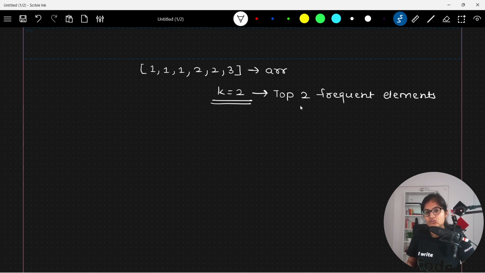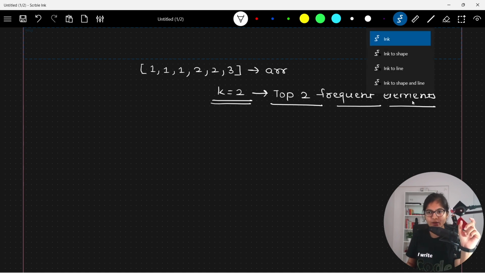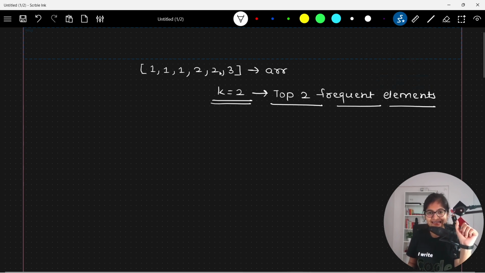Fine. So here, one thing I want to show you is that there are 3 unique elements: first of all, 1, 2 and 3. How many times is 1 repeating? Three times. How many times is 2 repeating? Two times. How many times is 3 repeating? One time.